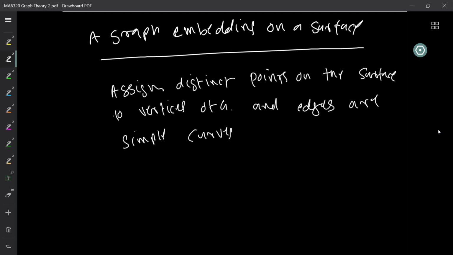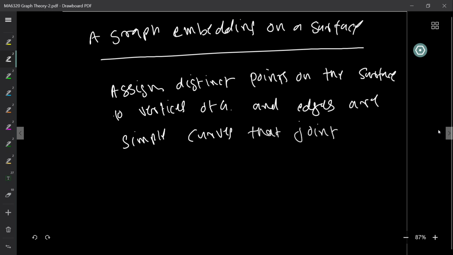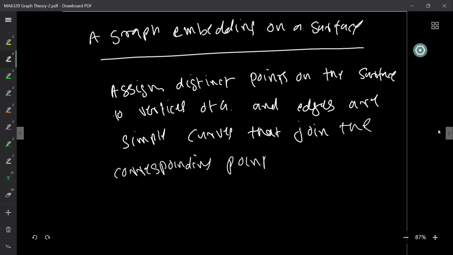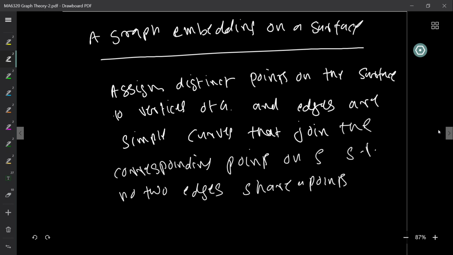So edges are simple curves on the surface joining the corresponding points, such that no two edges share a point on the surface, except the endpoints.